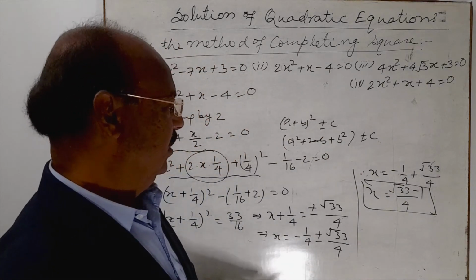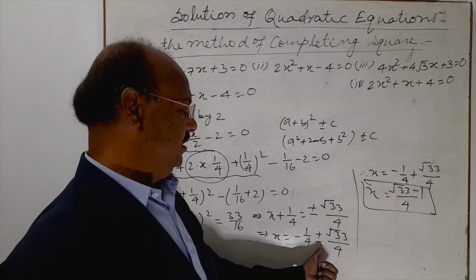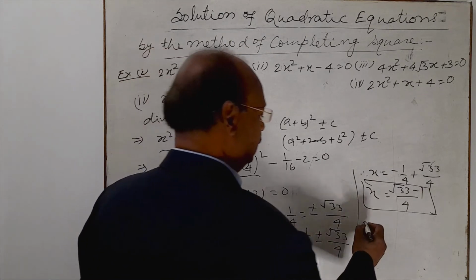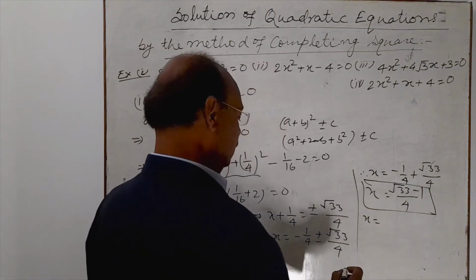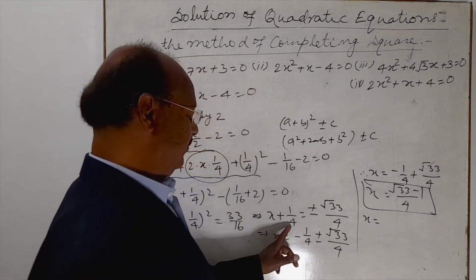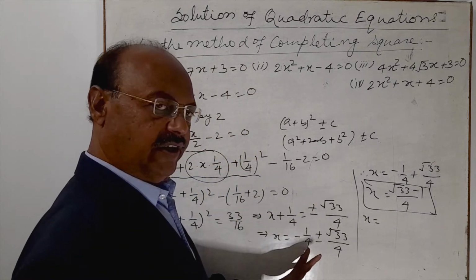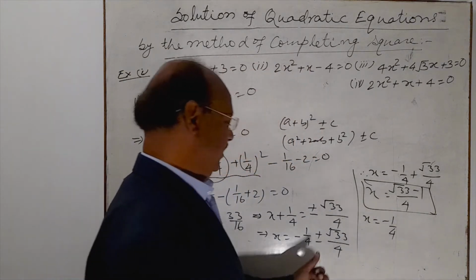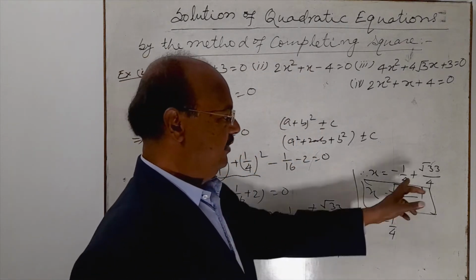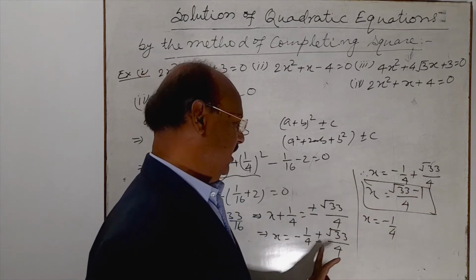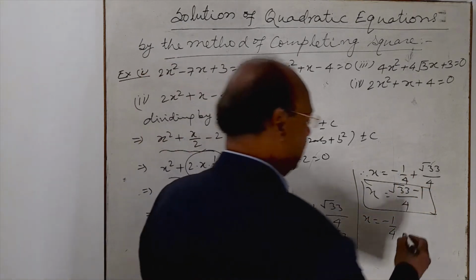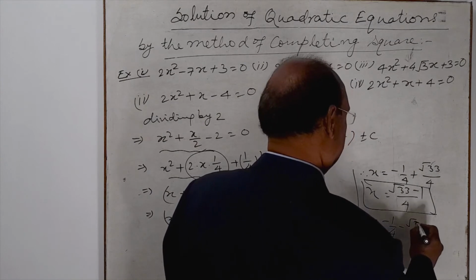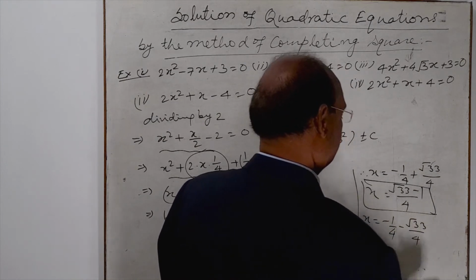Another value, how will we get? By taking this negative sign. So another value of x will be, this 1 by 4 will be transferred to the right hand side, already transferred here. So this is minus 1 by 4, and we are taking this negative sign here. Here we have taken the positive sign. Here we are now taking the negative sign, minus root 33 by 4.